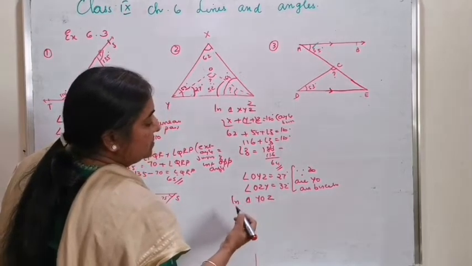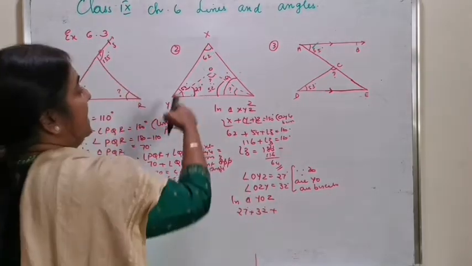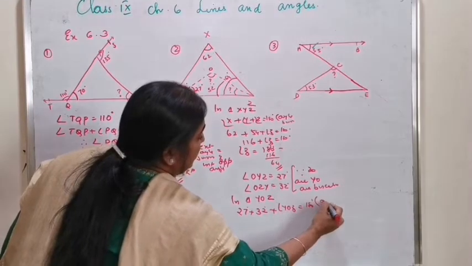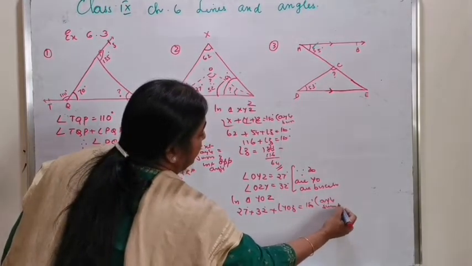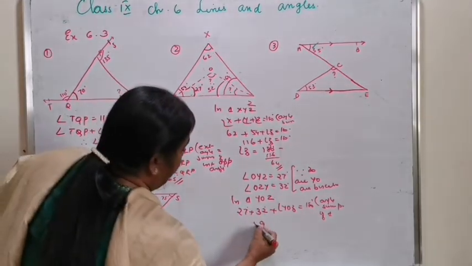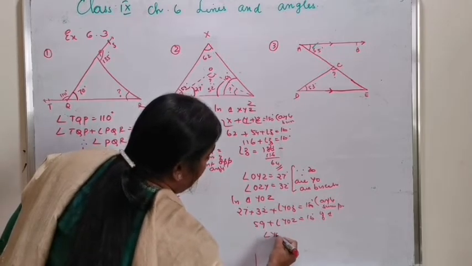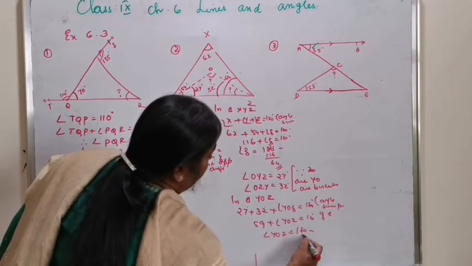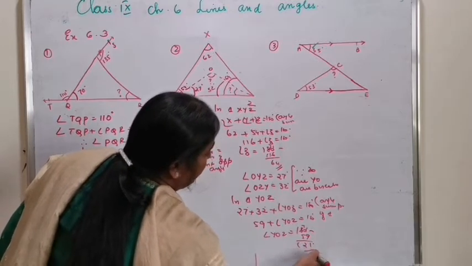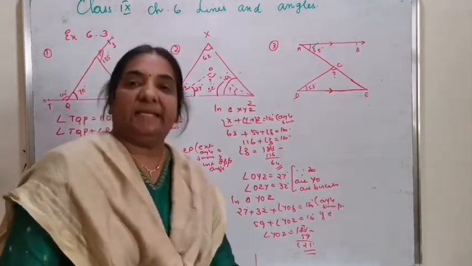In triangle YOZ, 27 plus 32 plus angle YOZ is equal to 180 degree. Angle sum property of triangle. That means 7 plus 2, 9, 59 plus angle YOZ is equal to 180. Angle YOZ is equal to 180 minus 59, or it is 121 degree.